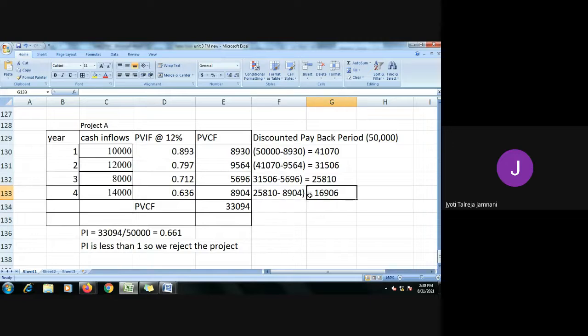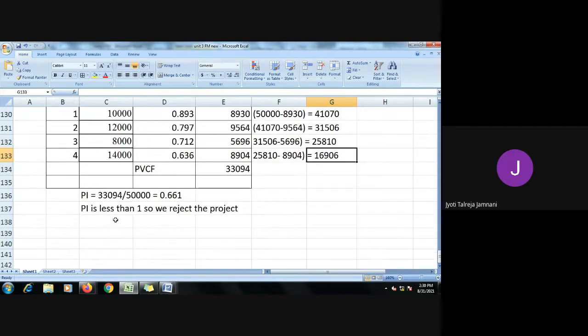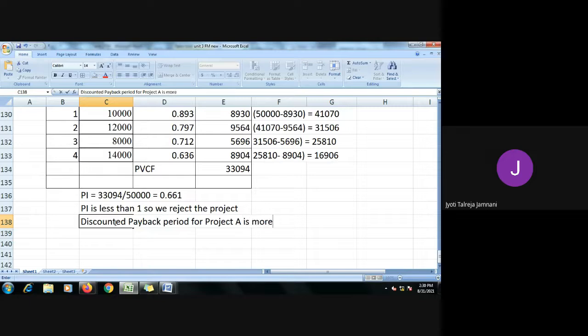It took full 4 years, but still we are not able to recover our money. So how much will be the discounted payback period? We will write here discounted payback period for project A is more than 4 years, which is more than the life of the project.